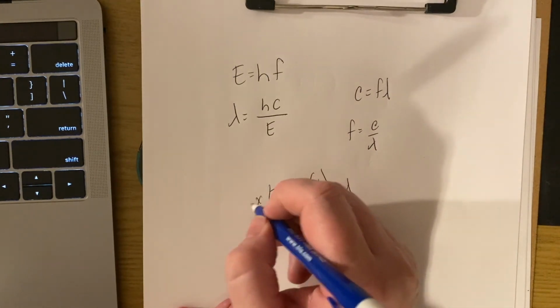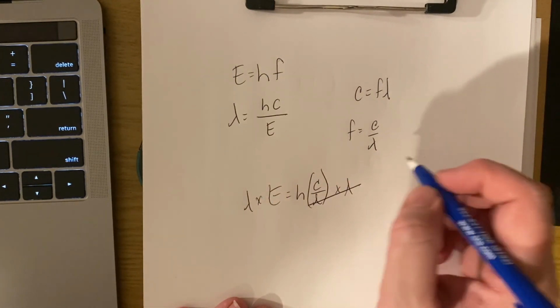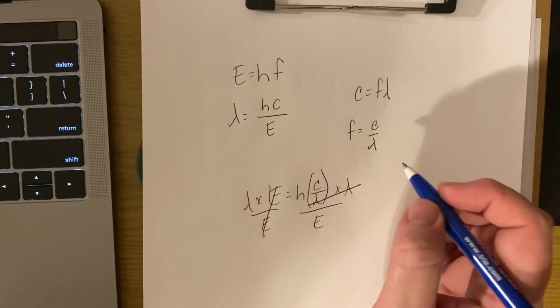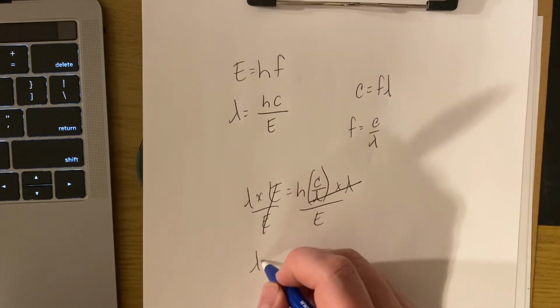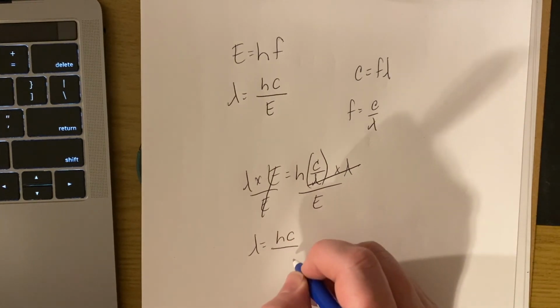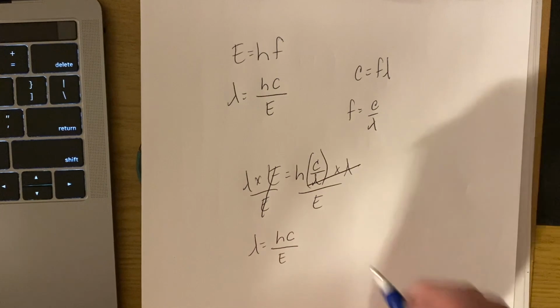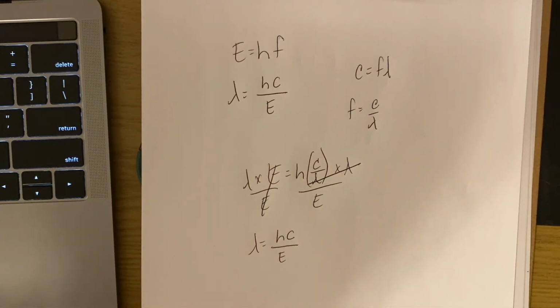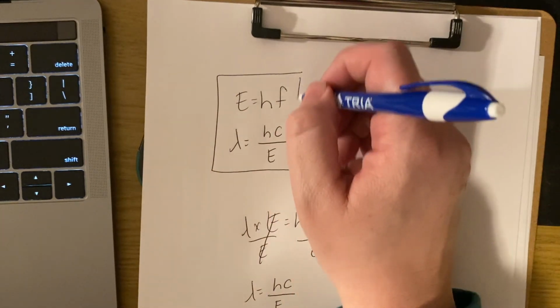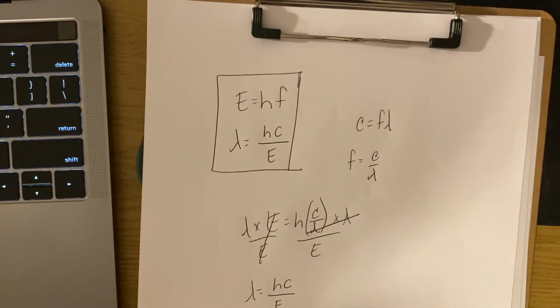We multiply both sides by lambda, cancel that out, and then divide by E. Cancel that out, and then that gives us lambda equals Planck's constant times the speed of light over the energy that we have. And so there's no preference on which way you do it, but both of these equations will show up in the data book for you to see.